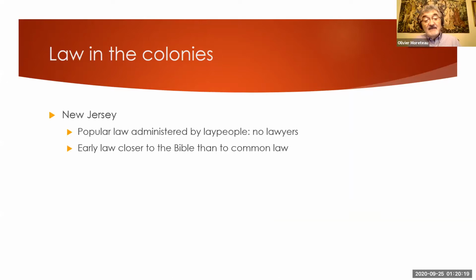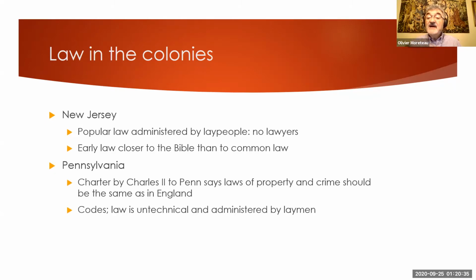New Jersey favored a popular law administered by lay people. They didn't have lawyers and didn't care about lawyers. Early law was closer to the Bible than to the common law. Pennsylvania is a different story because it was entrusted to Penn by Charles II, and the charter signed by Charles II says that the law of property and criminal law should be the same as in England.